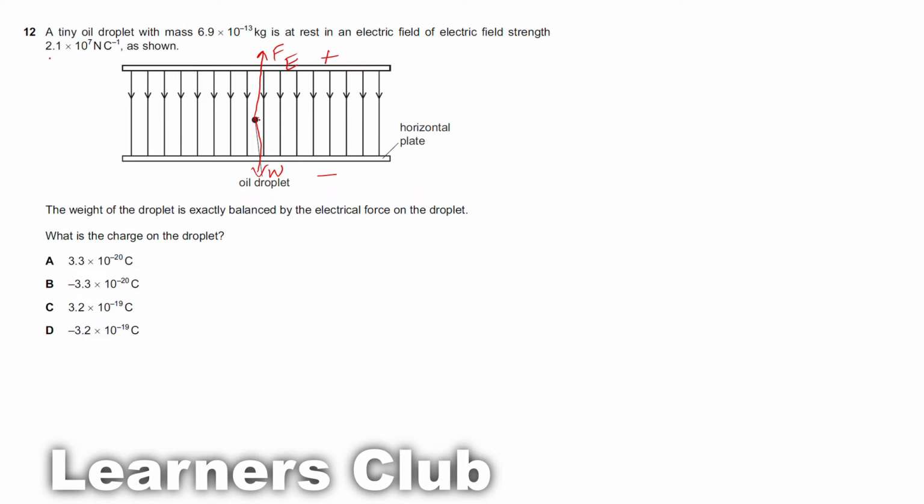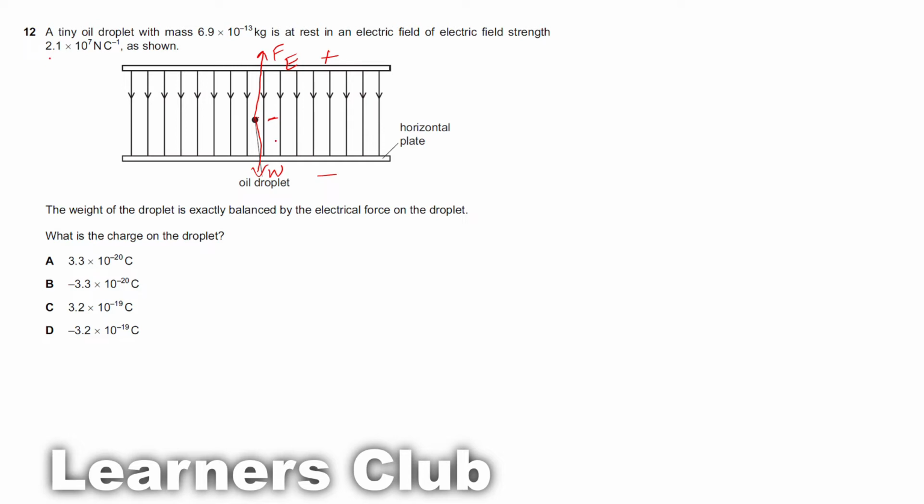Now, since the force of the electric field is upwards, this oil drop should be attracted to this positive plate. If it's getting attracted to the positive plate, it's obvious the oil droplet is negative charge because unlike charges attract each other.